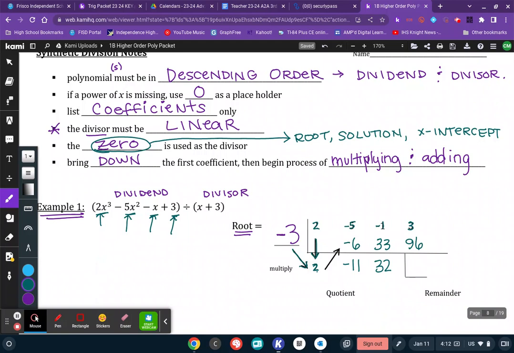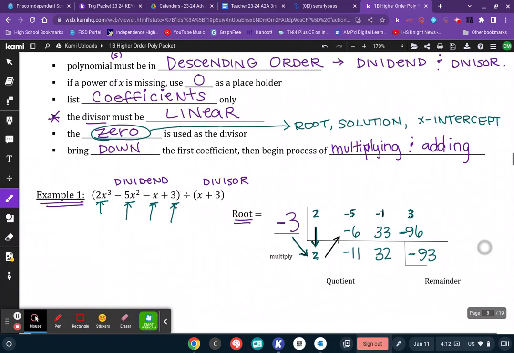Oh, I'm sorry, this is a negative. So 32 times -3 is -96. Add straight down the column. I get -93. And then I'm finished with the division process.